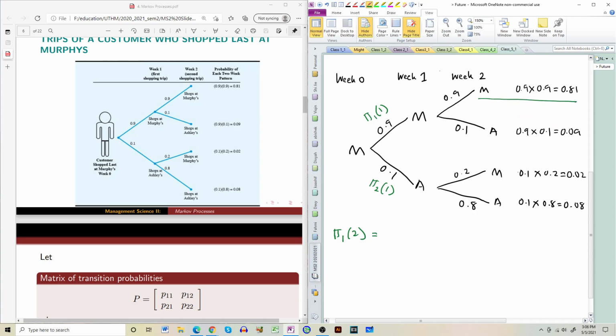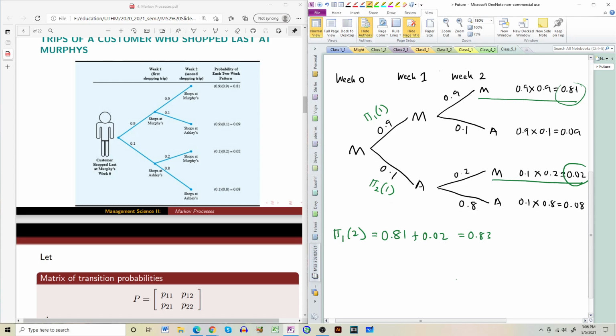This one and this one. Take this one plus this one. This we have done in statistics. Just recall back. The same ideology. Okay, what is the probability that a customer will end up at Murphy's in week 2?